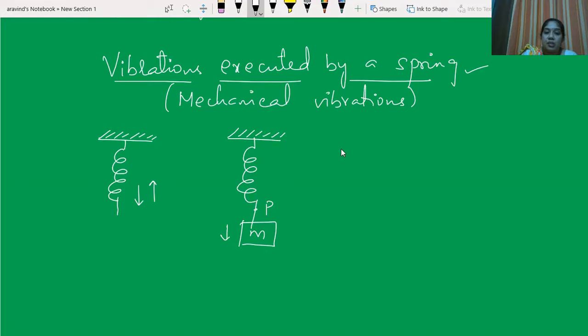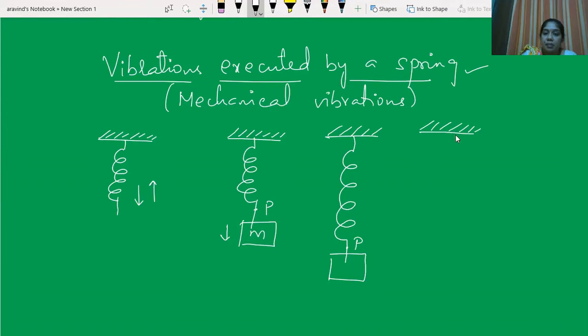If I just pull the spring, it would have been expanded like this, and the point P has come here. So the spring expands and contracts.